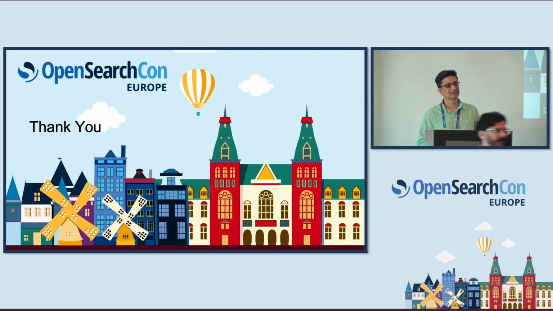So I already saw a hand. Stavros, yes? But anyone who's desperate to leave should leave, since it's time. I'm Stavros. I'm the product manager for search in OpenSearch. Great presentation. I love the introduction. The one thing that even in an introductory presentation should, I think, be mentioned is that in almost every case, hybrid search works better than vector search alone.